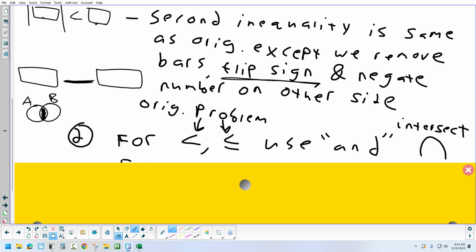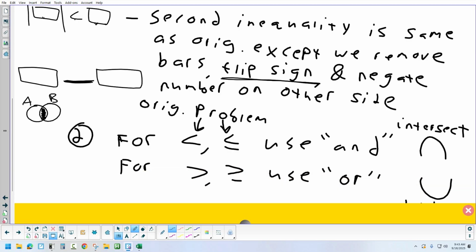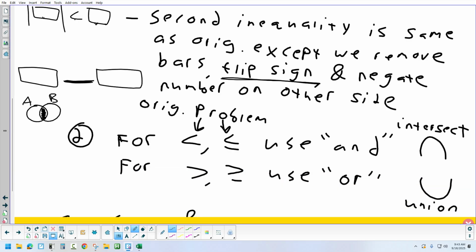It's the overlap. Okay, so that symbol, that's called an intersect. If you have a greater than or equal to, that is called an or. Okay, and that's a union.